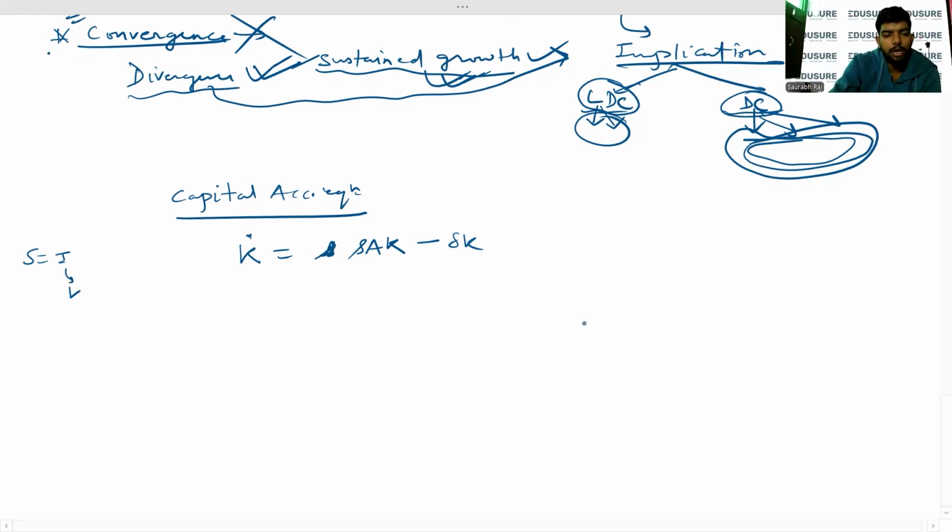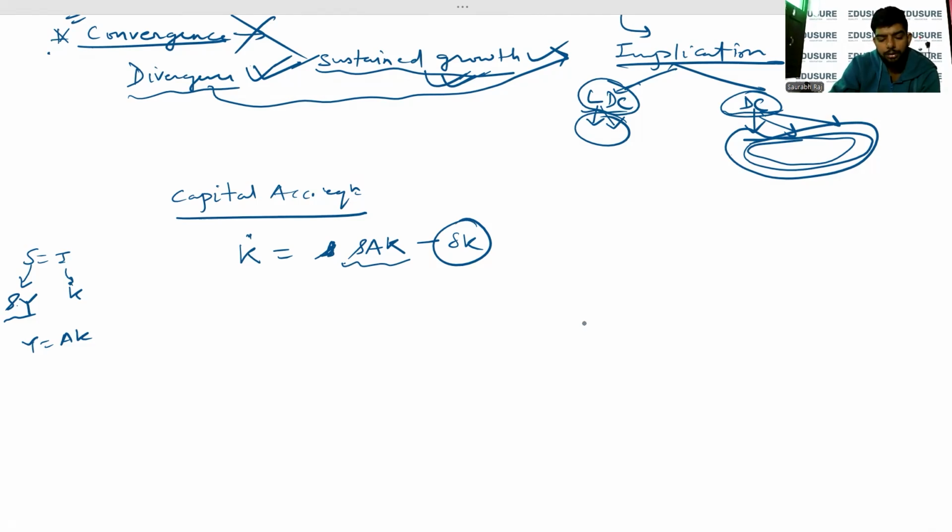Investment is K dot, that is change in capital. Saving can be written as this, and Y is equal to AK. So this Y gets replaced as AK. This is the savings thing. But for net investment we know that depreciation should be subtracted.